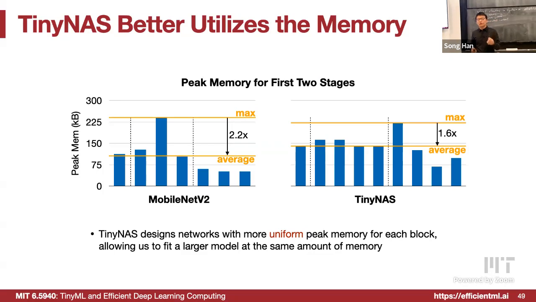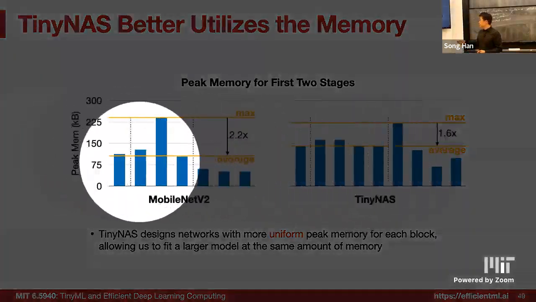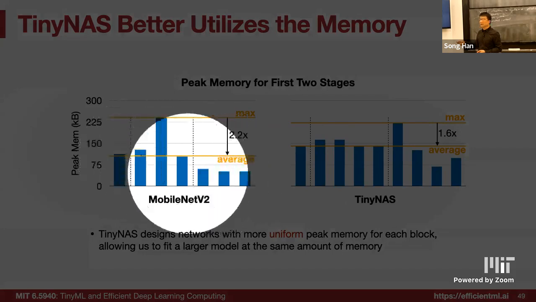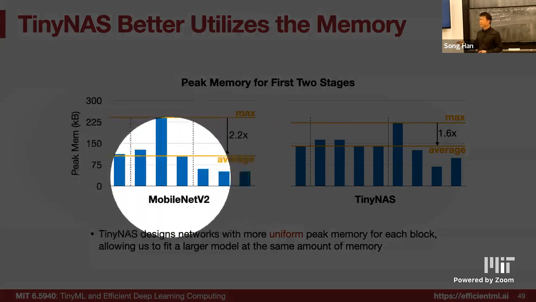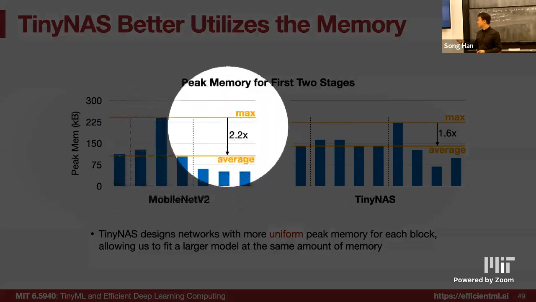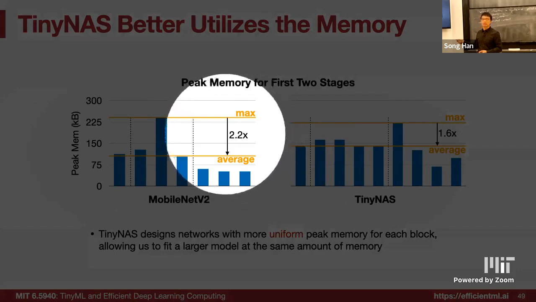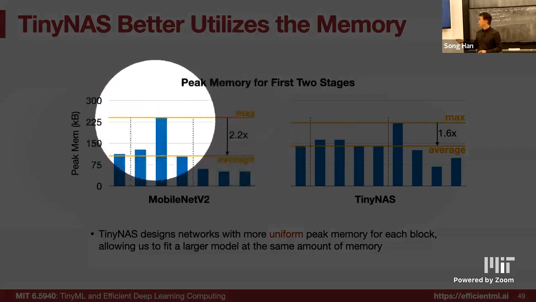And the model searched by TinyNAS can better utilize the memory. So this is before, this is after. You can see the peak memory for different layers is very imbalanced for the hand-designed MobileNetV2. The difference between the max and average is 2.2 times. So the largest layer determines the bottleneck.